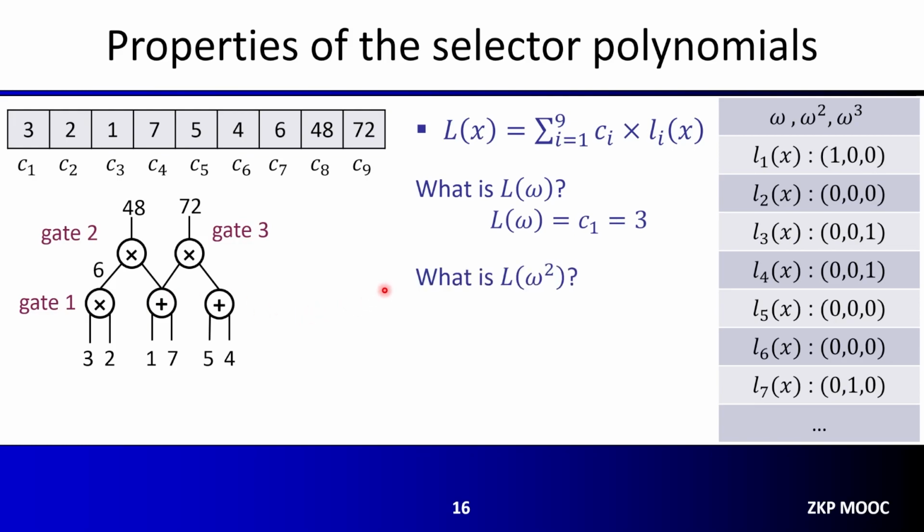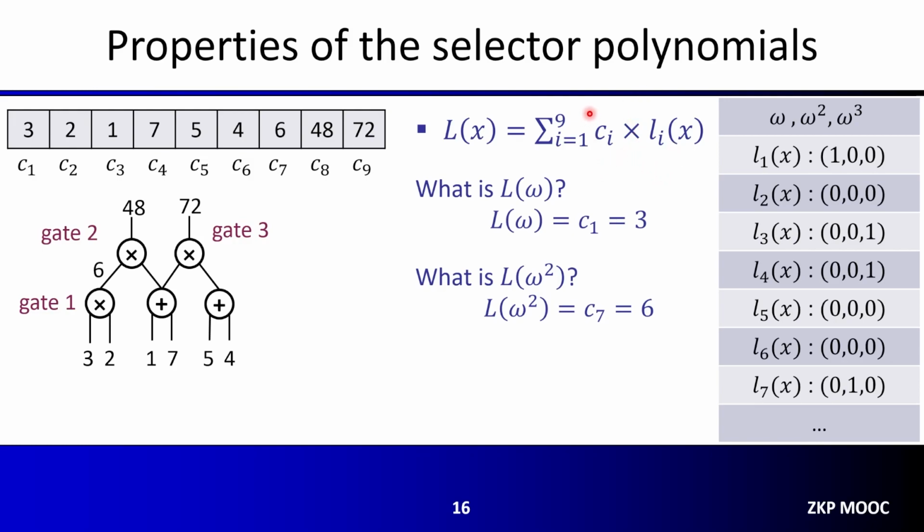So similarly, let's take a look at what is L evaluated at omega squared. Then by the definition of these Lix, we are essentially looking at the second column of this table. And again, there's only one non-zero term in this entire column, and that is L7 omega squared. Because of that, in this big summation, there will be only one non-zero term again, and that is C7.